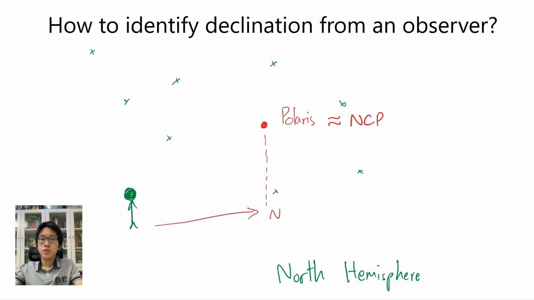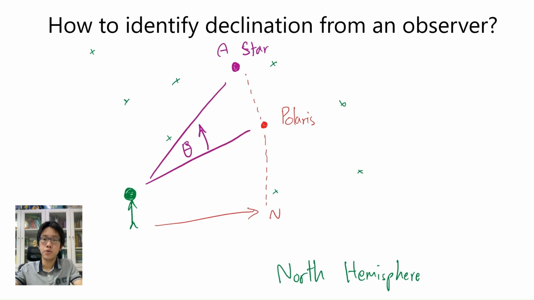If you want to know the declination of a star that is right above Polaris, that star would have the declination equal to the angle that star makes with Polaris and with us, the green man right there.